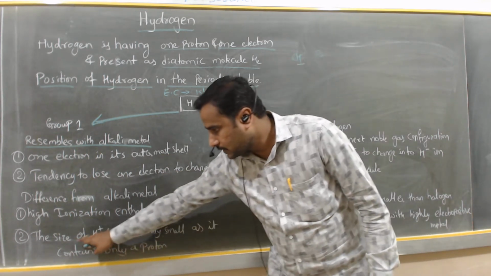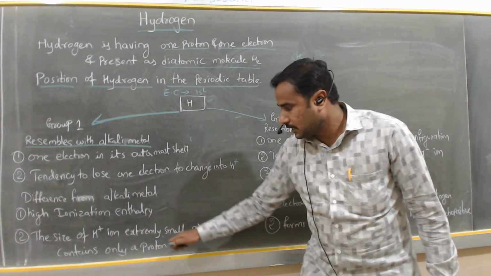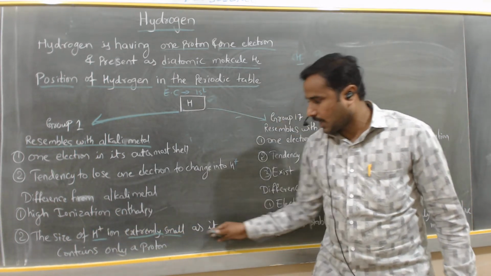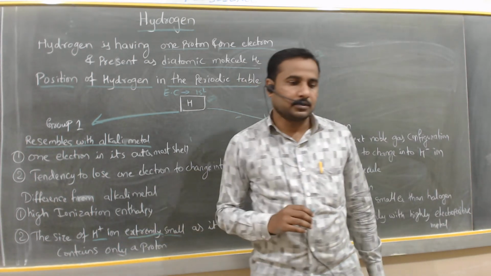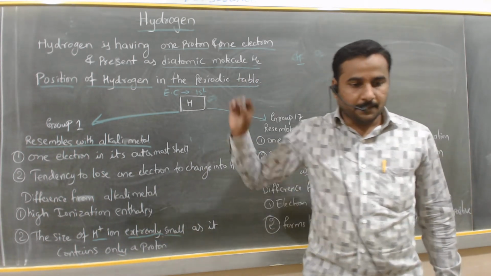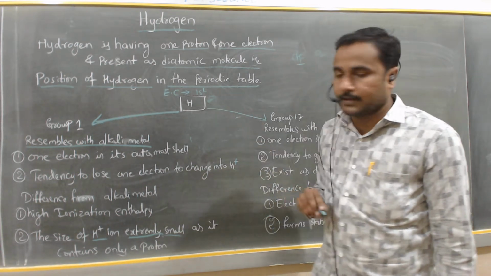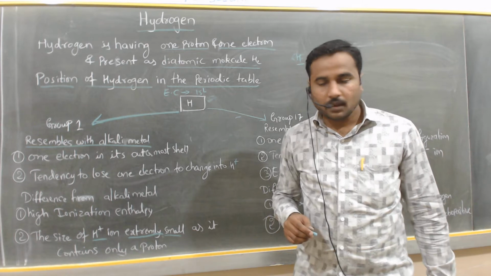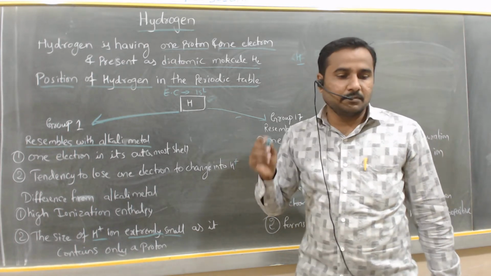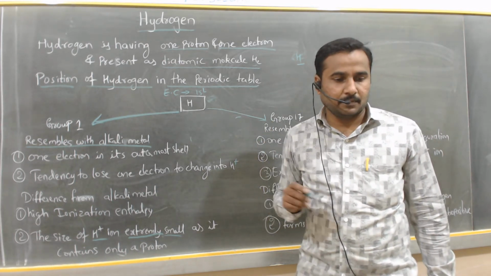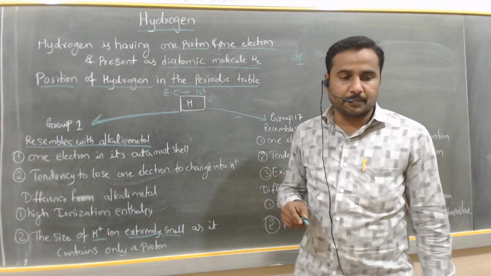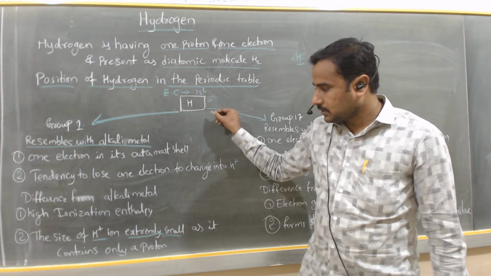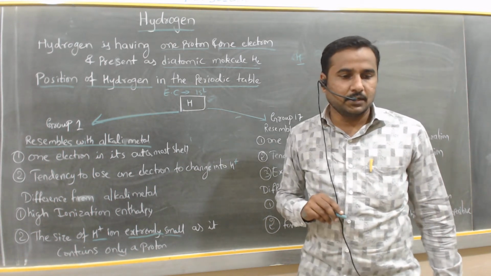The next point is that the size of the H plus ion is extremely small, as it contains only 1 proton. If you take hydrogen, 1s1, it contains only 1 proton. Compared to lithium, sodium, potassium, rubidium, cesium, hydrogen has a small size.